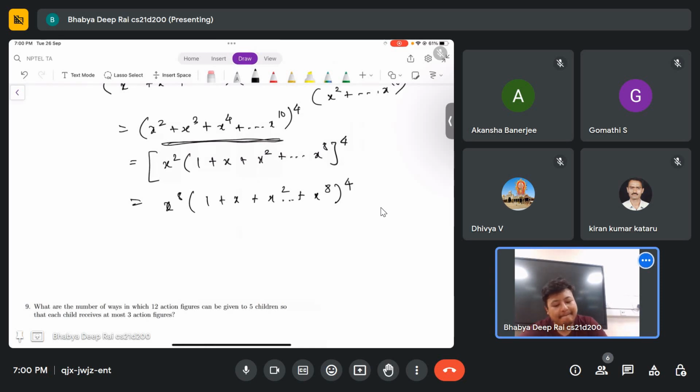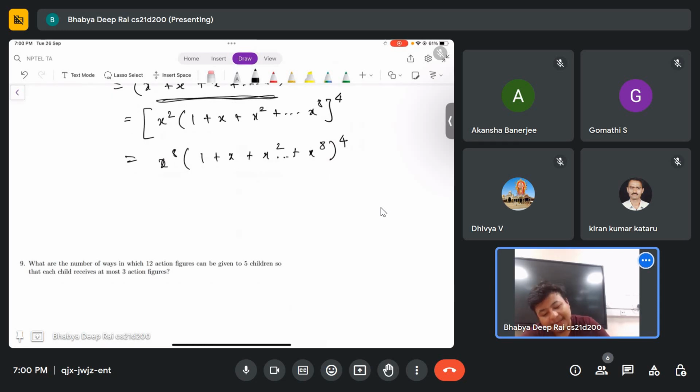Right? Next, see, what we needed was the coefficient of x to the 10 in this polynomial. But we've discussed it before. Since x to the 8 is already here, we just need the coefficient of x to the 10 minus 8, right?